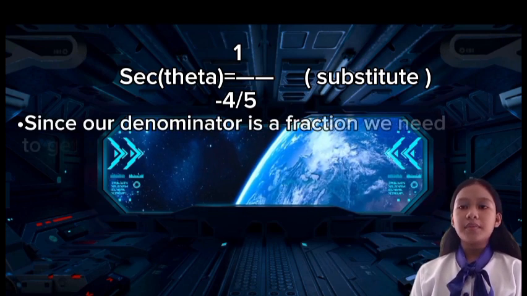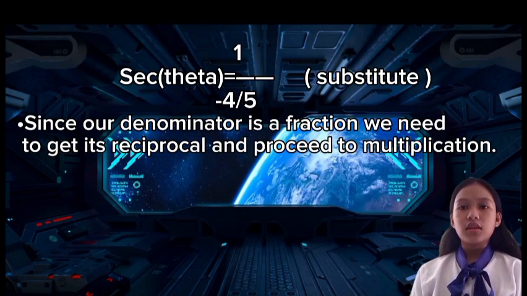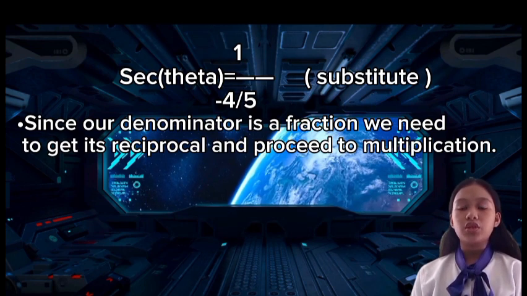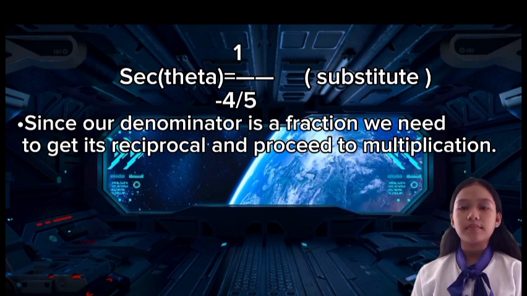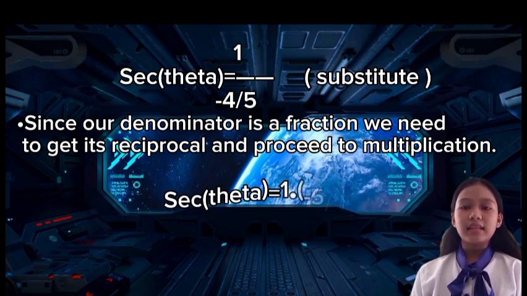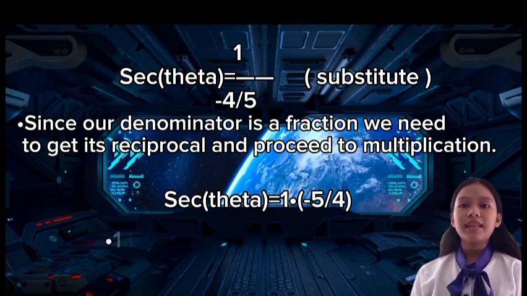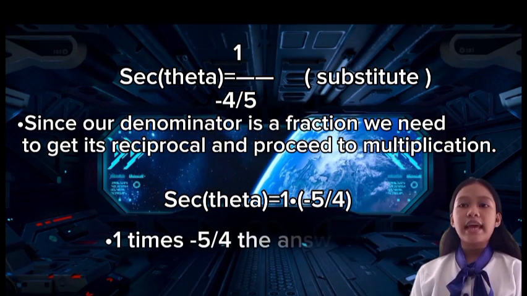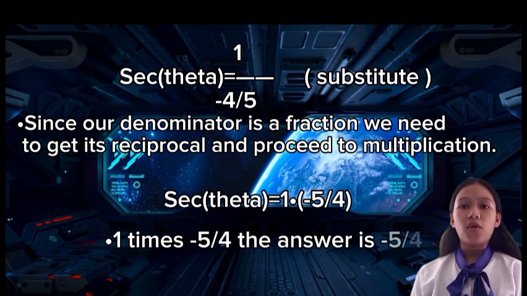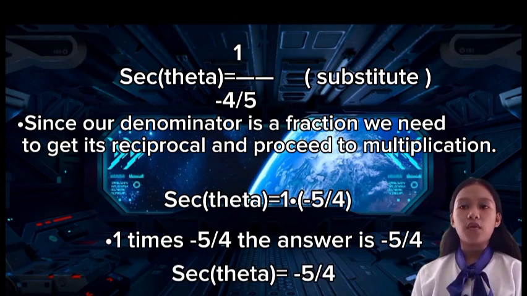Since our denominator is a fraction, we need to get its reciprocal and proceed to multiplication. Secant theta is equal to 1 times negative 5 over 4. The answer is negative 5 over 4. So secant theta is equal to negative 5 over 4.